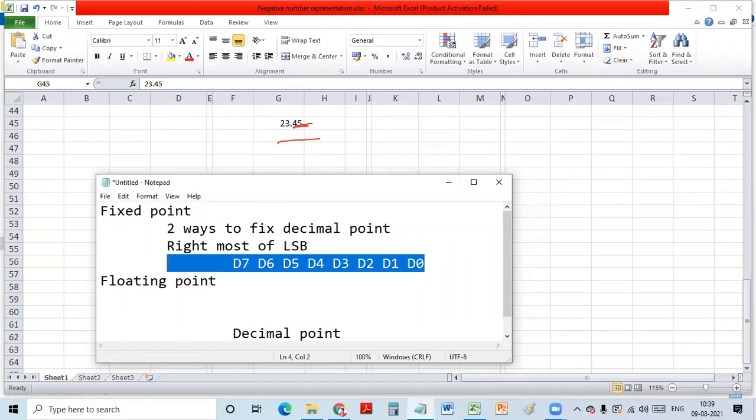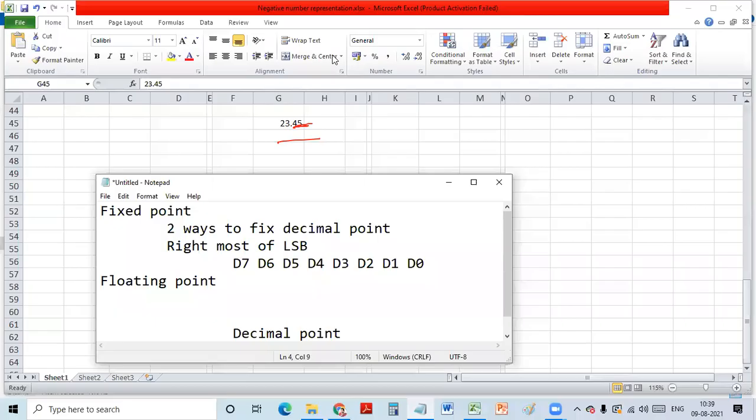D0 corresponds to the least significant bit, LSB, and D7 corresponds to the most significant bit, MSB.